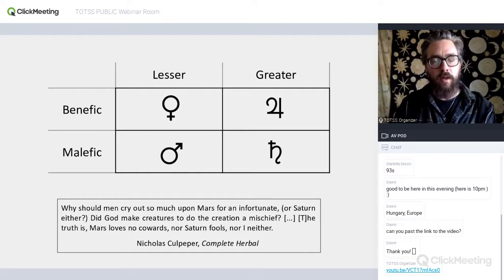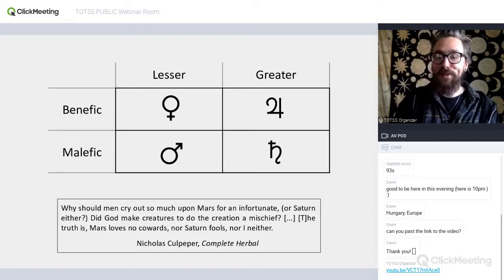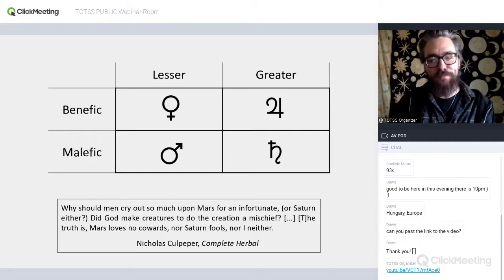The idea is that the infortunes or the malefics are necessary, important parts of the creation, right? And then he says, "The truth is, Mars loves no cowards, nor Saturn fools, nor I neither." So I think this is amusing and a nice attitude to take towards this issue.